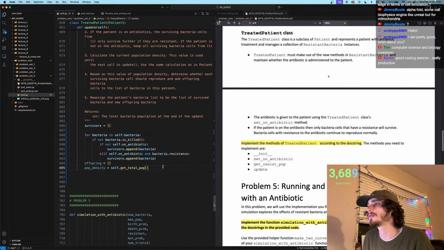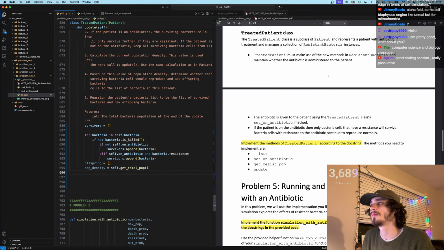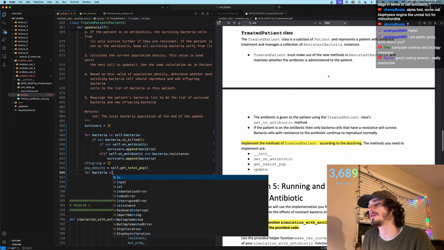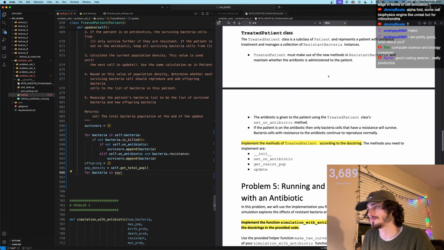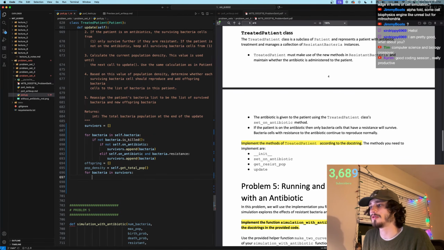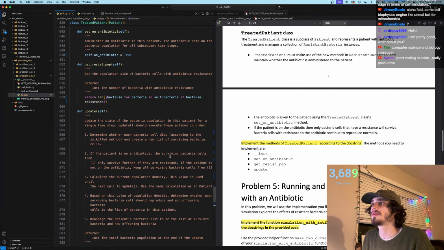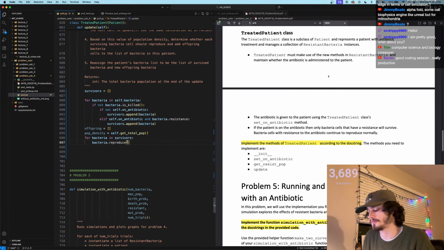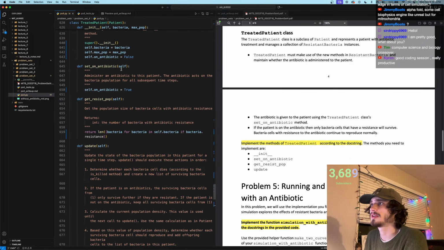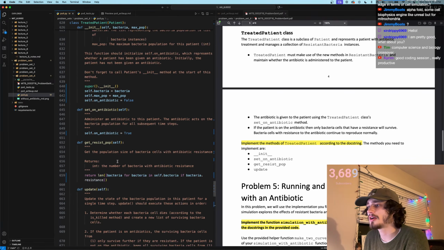And we're going to call, for bacteria in survivors, bacteria.reproduce, and bacteria.reproduce has population density given to it. Right, this will return to us a child object.